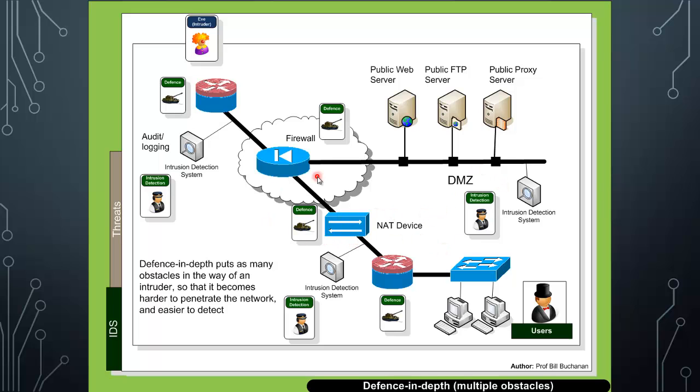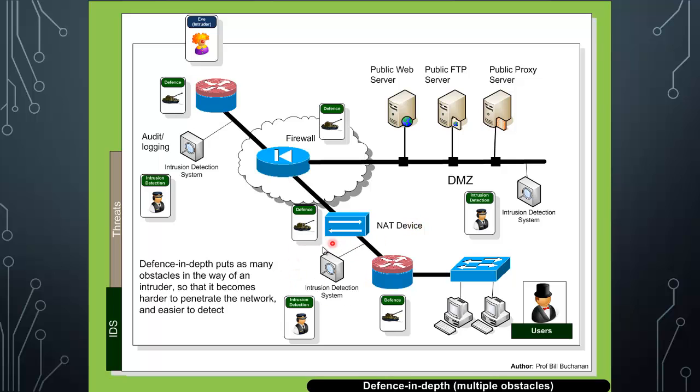So in terms of our defenses, we're running a firewall here, we're running NAT, and we're also running intrusion detection systems. This one here listens to threats that are coming in and could be blocked by the firewall. This one over here is listening to the DMZ and all the traffic here, maybe picking up intrusions that happen in the DMZ.